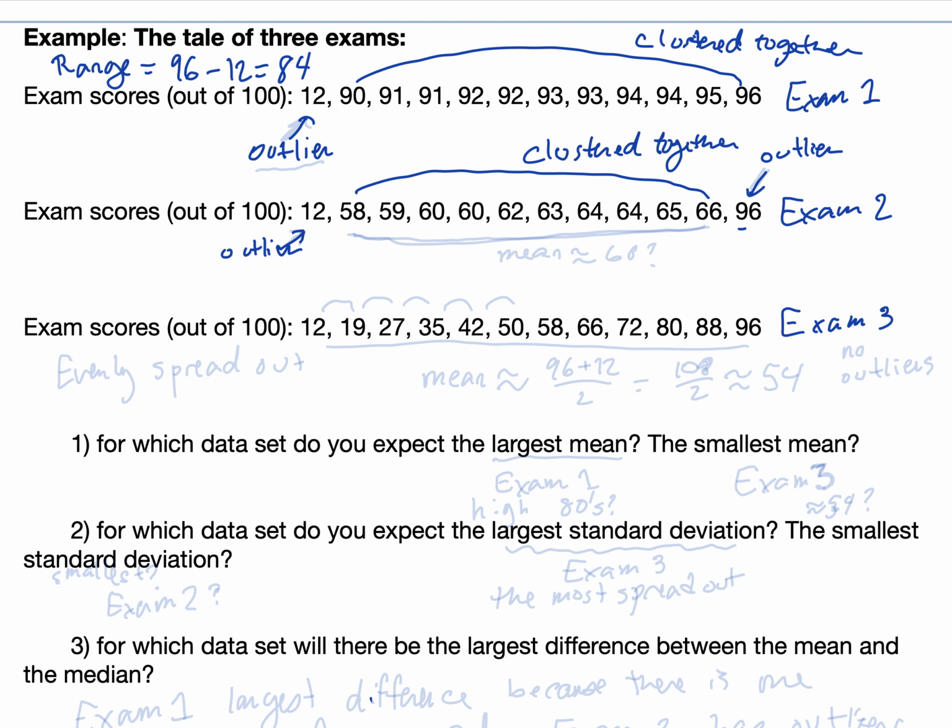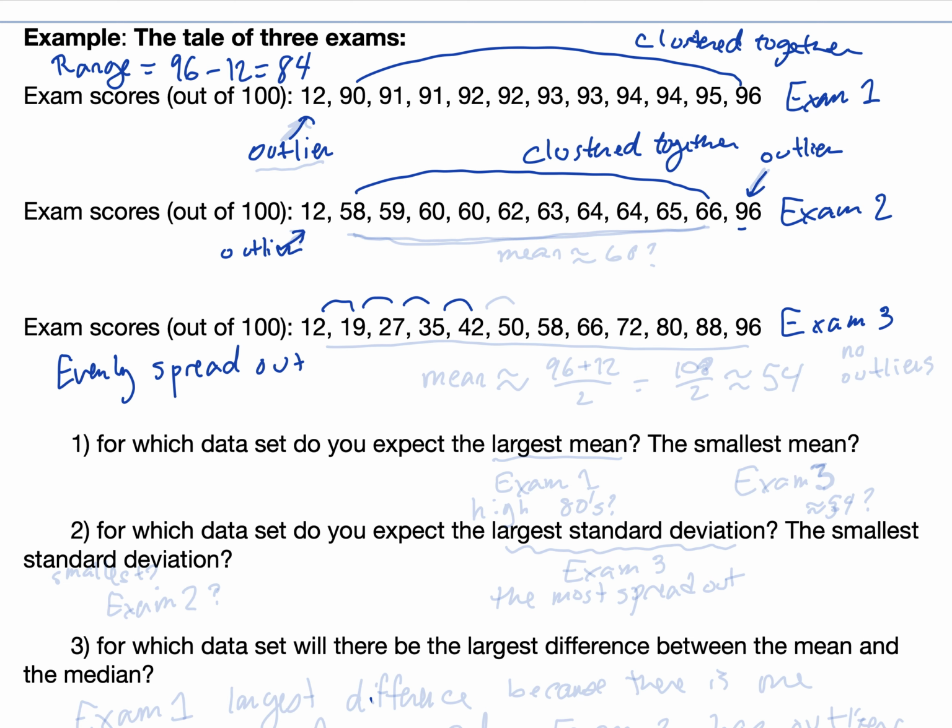How about in exam 3? The difference between these exams is pretty consistent. So this is sort of more evenly spread out. There's maybe 7, 8, 9 points between exams, so it's more evenly spread out.